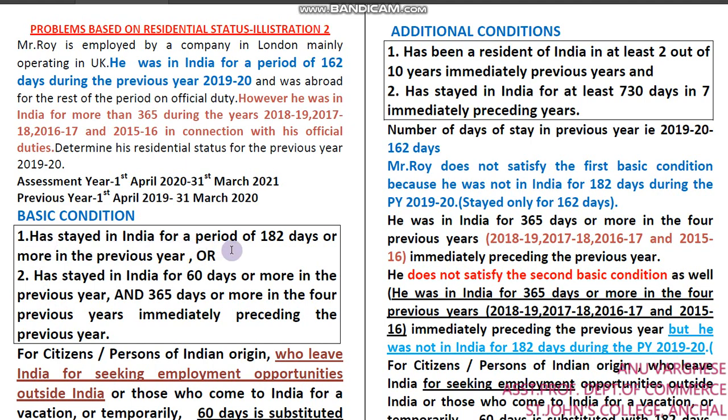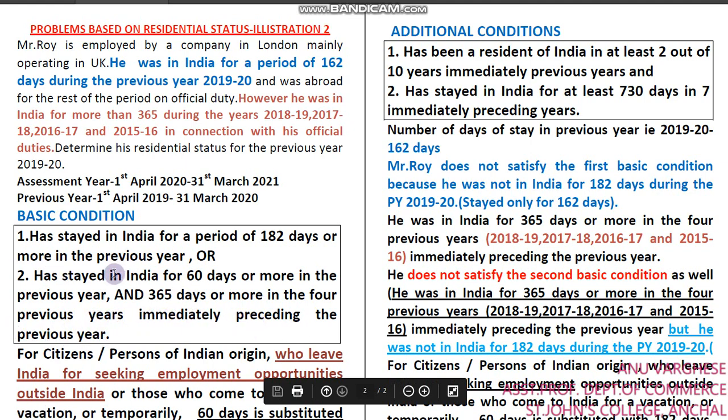He should stay in India for a period of at least 182 days or more in the previous year. And the second basic condition is he should stay in India for at least 60 days or more in the previous year and 365 days or more in the 4 previous years immediately preceding the previous year.